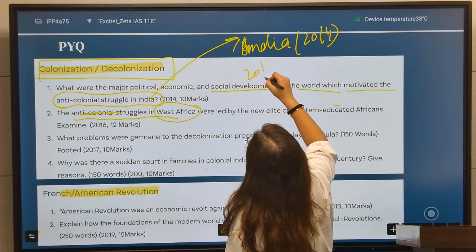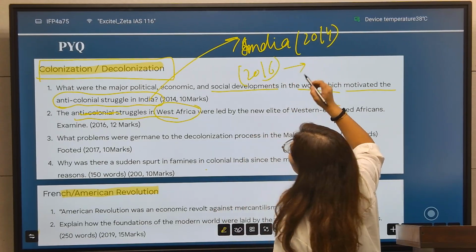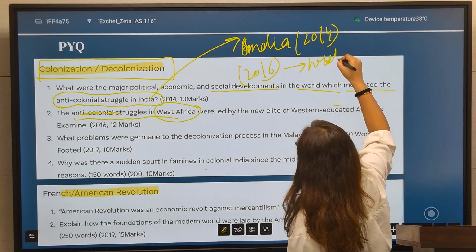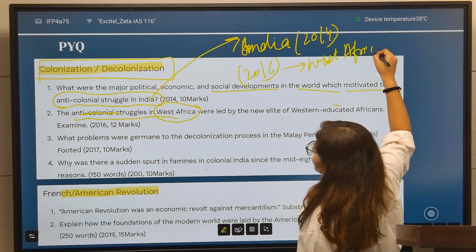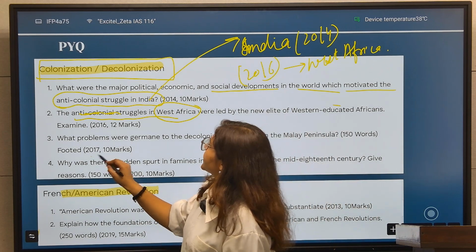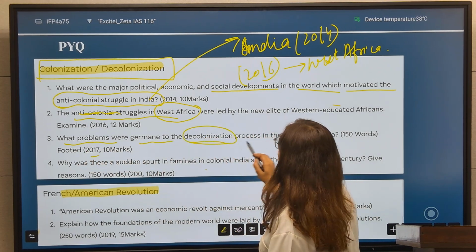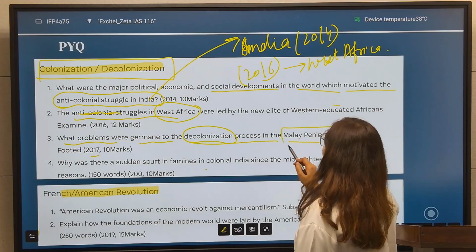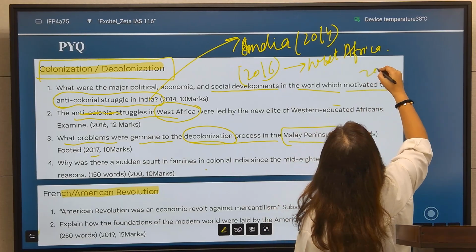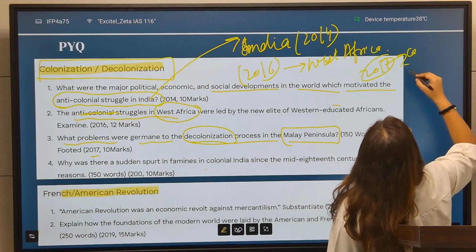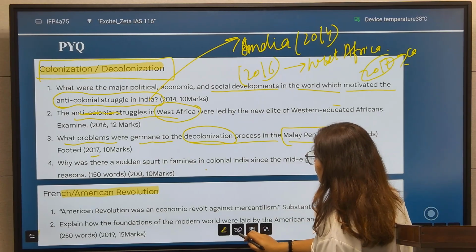In 2016, the question was on the anti-colonial struggle in West Africa. In 2017, what problems were germane to the decolonization process in the Malay Peninsula? So in 2017, the question was on the decolonization struggle in the Malay Peninsula.